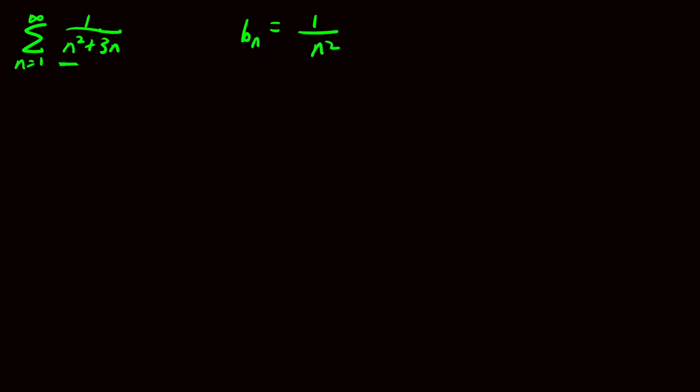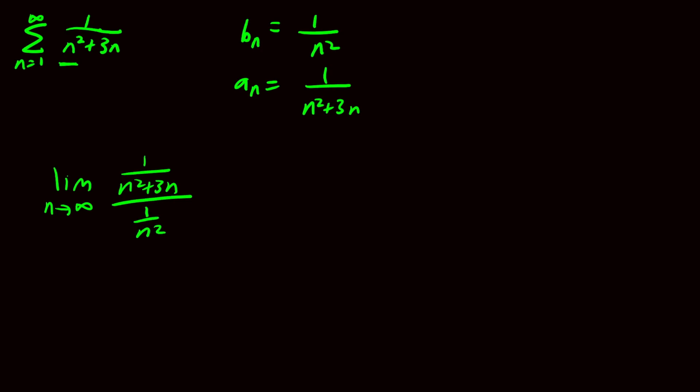And then our an is what they gave us, so an equals 1 over n squared plus 3n. So now let's take the limit. The limit as n goes to infinity of an, so 1 over n squared plus 3n, over 1 over n squared. So this becomes n squared over n squared plus 3n. Oops, I forgot the limit sign.